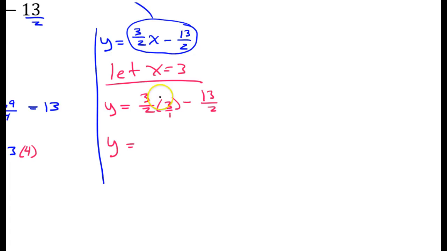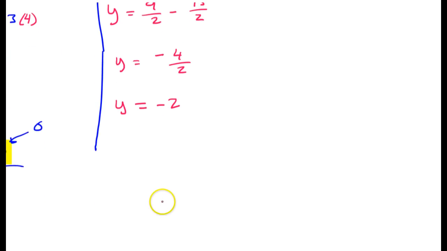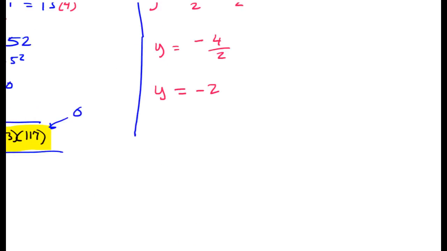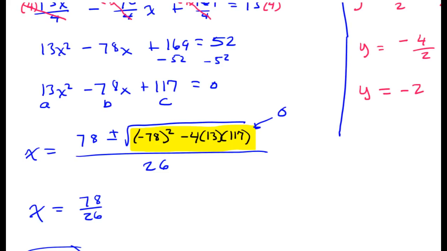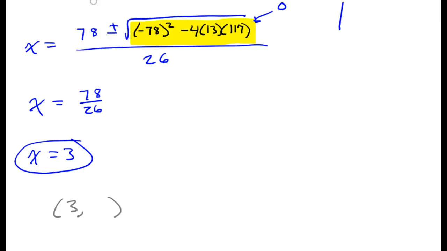Understand this is like 3 over 1, so I'm going to get 9 over 2 minus 13 over 2. So y is equal to negative 4 over 2, which equals negative 2. So that is the y value that goes with this x value. In other words, my solution is 3 comma negative 2.